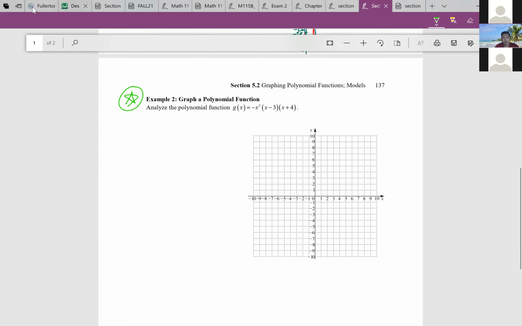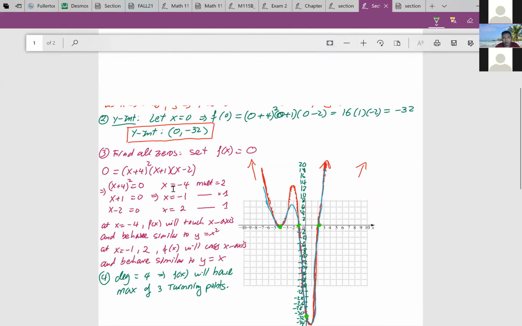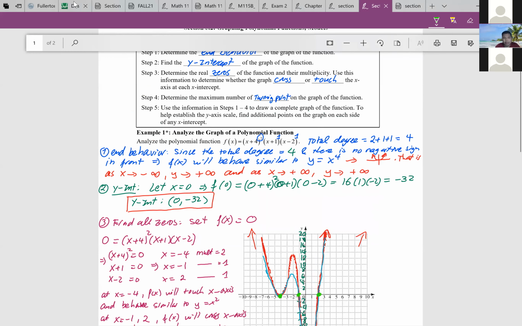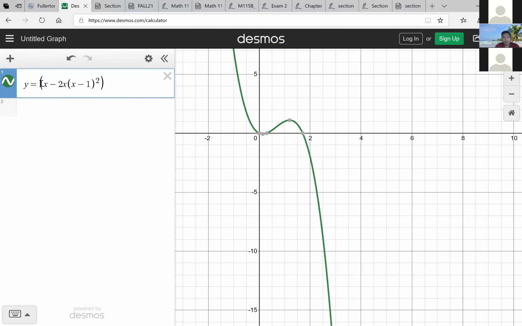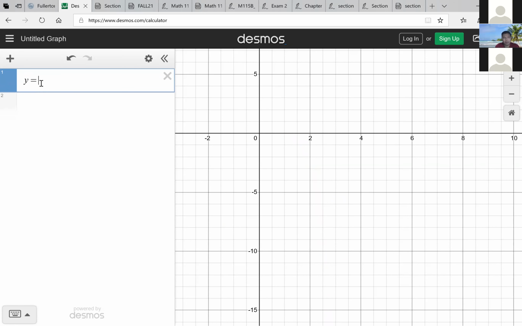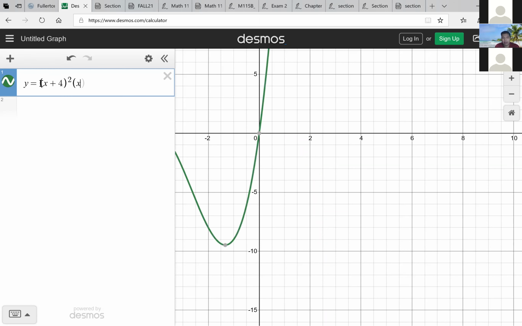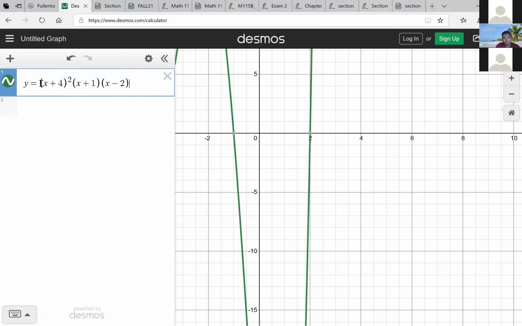All right. So let me show you how close we get to the actual graph itself. Right. So what is that? So we get x plus 4 to the second, then x plus 1, and then x minus 2.